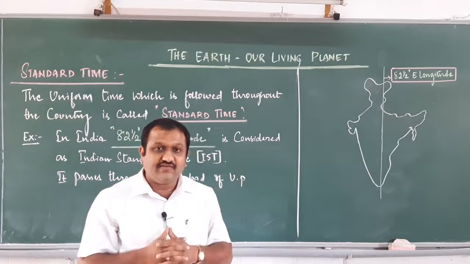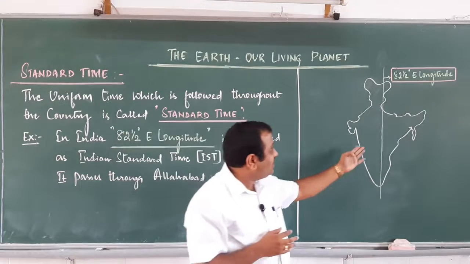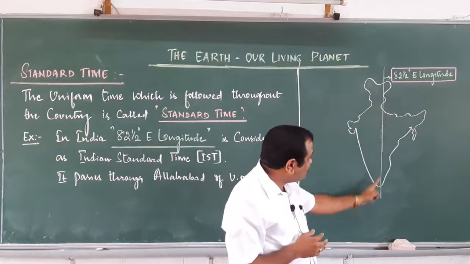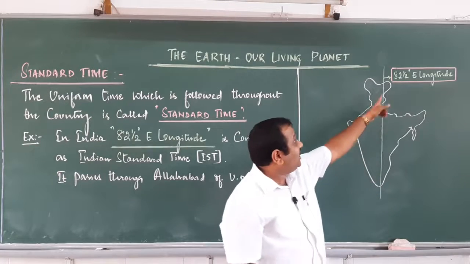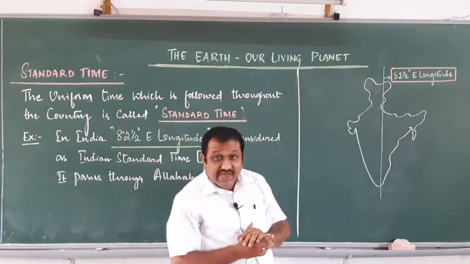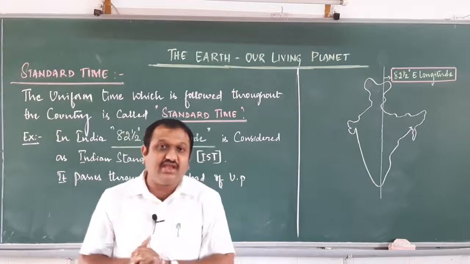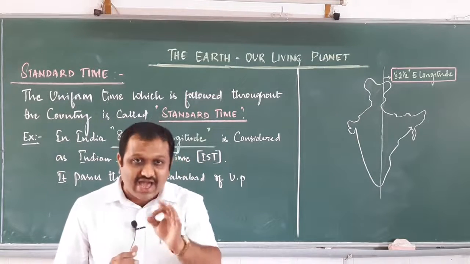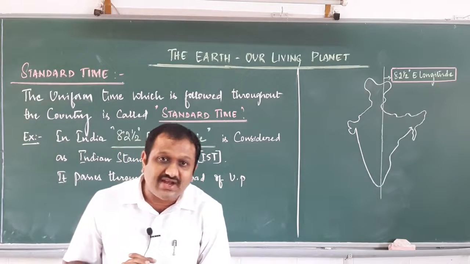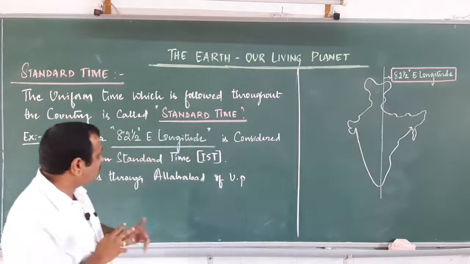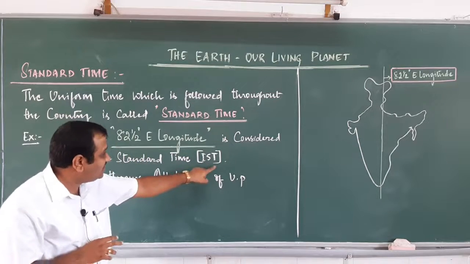If you take India as an example, this is the line that passes through the center of the country, that is 82.5 degree. So therefore, we have taken 82.5 degree as Indian standard time. That is what I have written, Indian standard time.